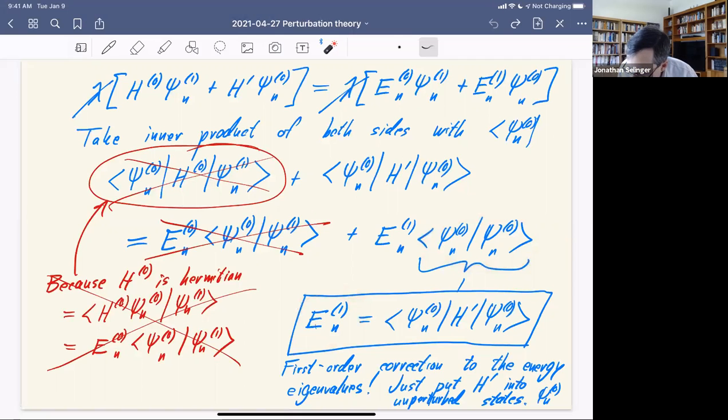This is the first order correction to the energy value E sub n. Okay, and look at what it is. It is an expectation value, right?